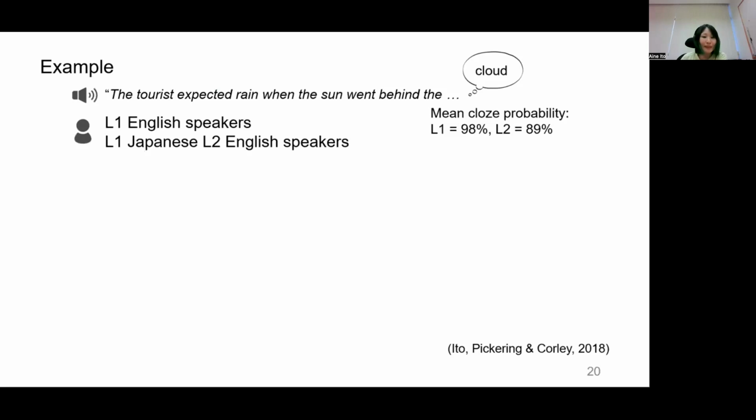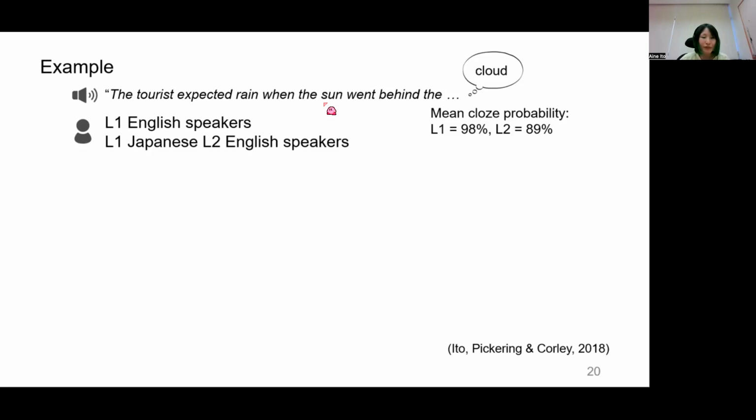In this experiment, we had L1 English speakers and L1 Japanese, L2 English speakers as participants, so we had two groups. The experimental sentences were high cloze sentences where a certain word was highly predictable, like "The tourist expected rain when the sun went behind the...", where the target word "cloud" was highly predictable based on the context.